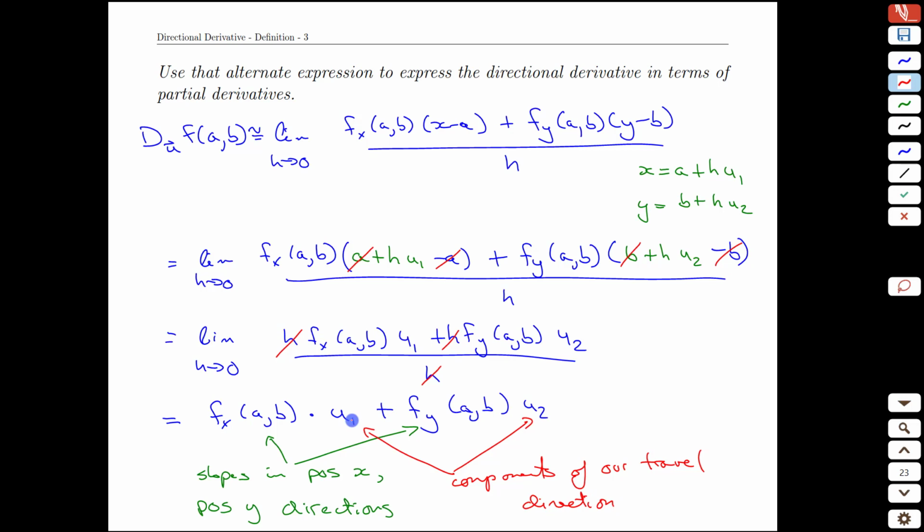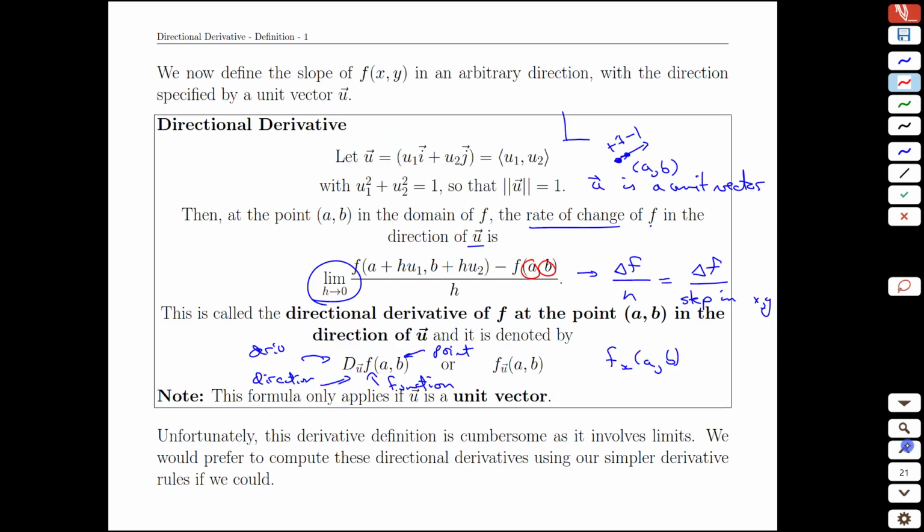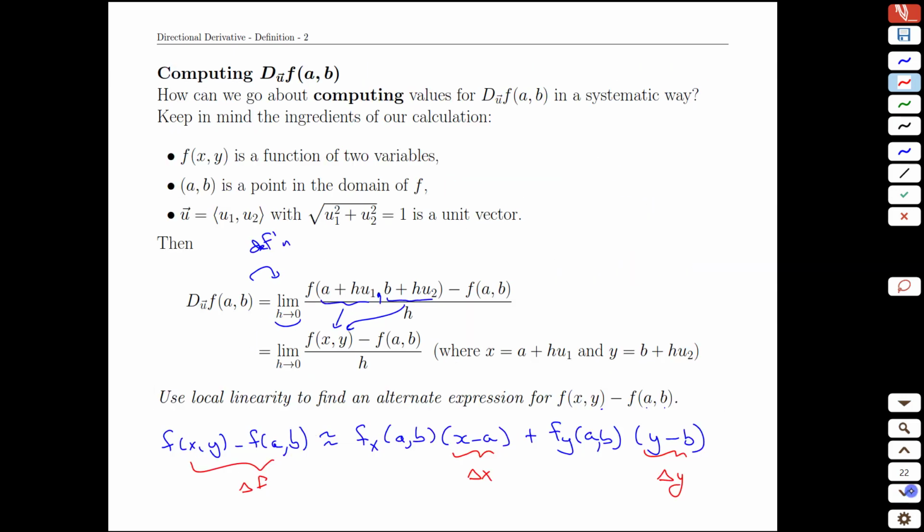And this has almost an identical flavor to what we saw with the linearization. If we want to know how quickly our function's changing, we look at the slope in the x direction and then figure out how far we're moving in x. We take the slope in the y direction and look at how far we move in y. The amount of movement in the x direction and y direction are captured by u1 and u2, because that gives us, going back to slide 2, the direction that we're traveling in this calculation.